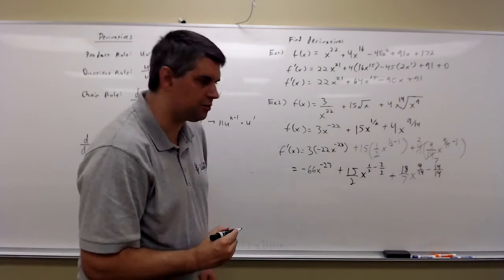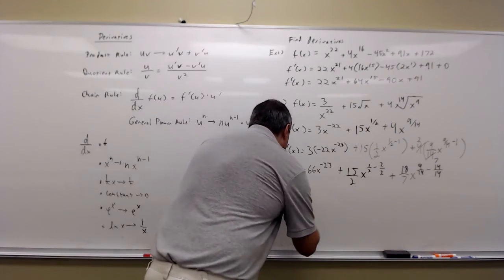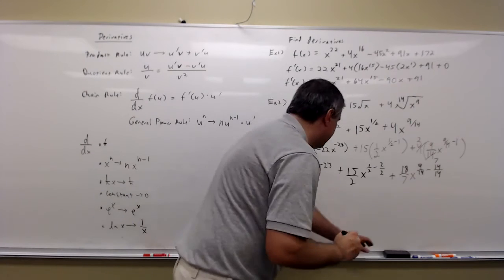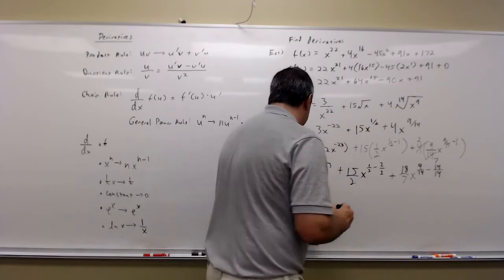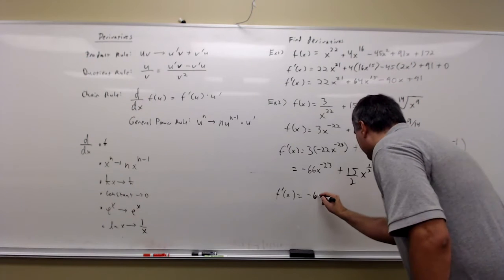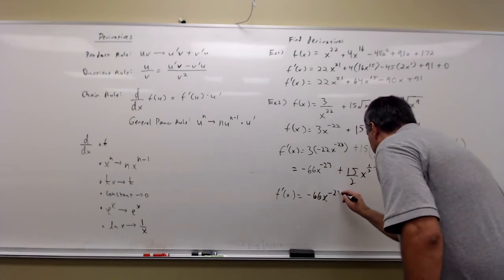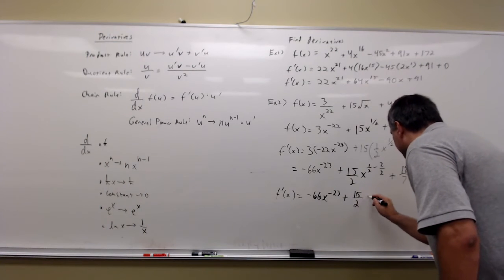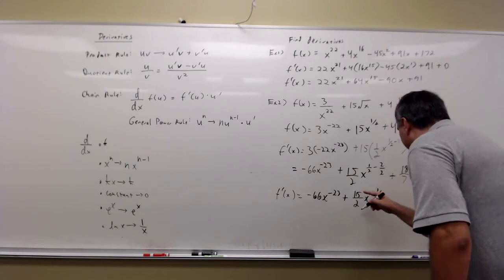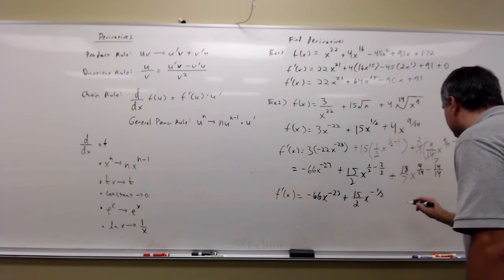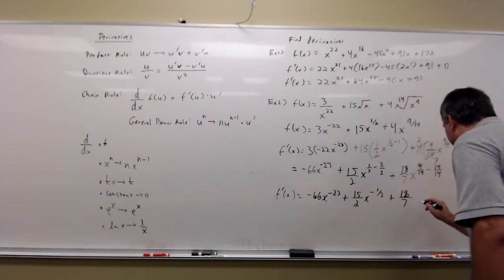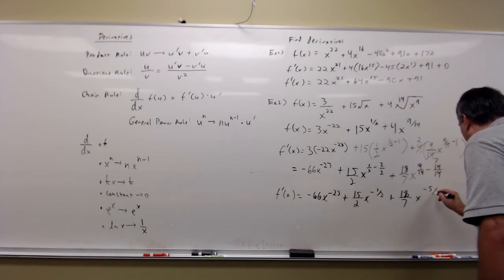All right, so f prime of x would be negative 66x to the negative 23rd. Plus 15 halves, x to the negative 1/2. Plus 18 sevenths, x to the negative 5/14.